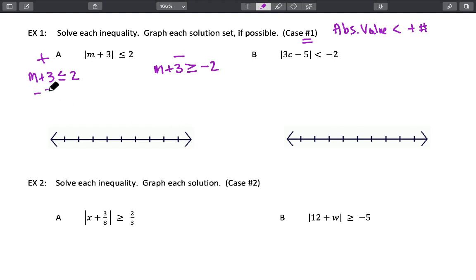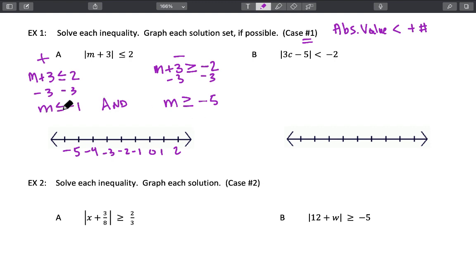Solving both of these, we're going to subtract 3. m is less than or equal to -1. And, because this is an AND statement, we subtract 3 over here as well. We have m is greater than or equal to -5. So if we're going to plot these on our number line, we have -5, -4, -3, -2, -1, 0, 1, and 2.